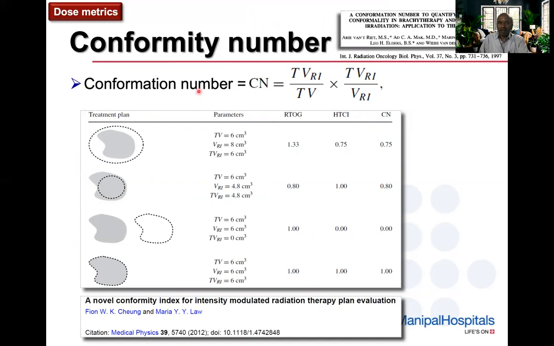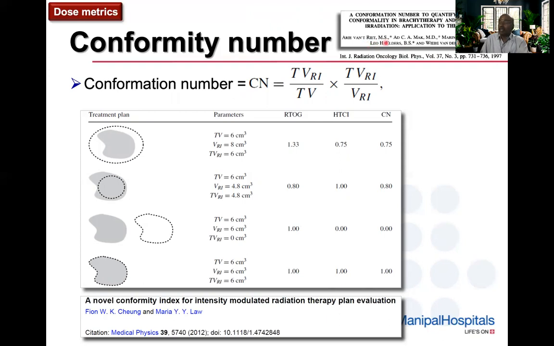The good part is that some of the deficiencies of the indices that we saw in the previous slide are overcome by another index called the conformation number. We know this mostly as the Paddock index. That paper appeared in 2000, but even before that, in 1997, a paper appeared in the Red Journal. The author is Van Reert.